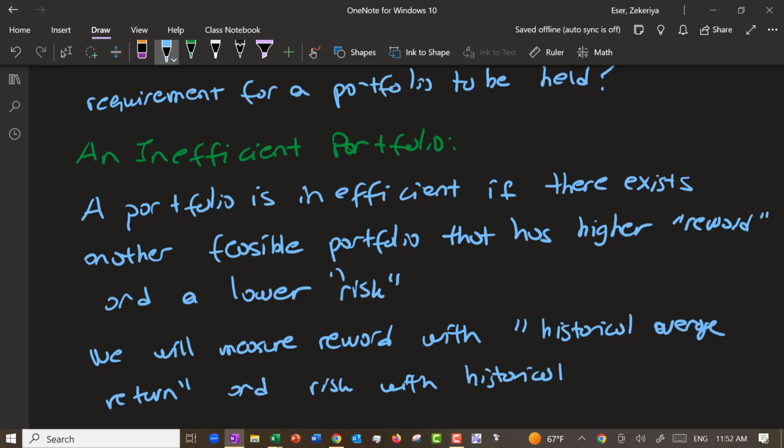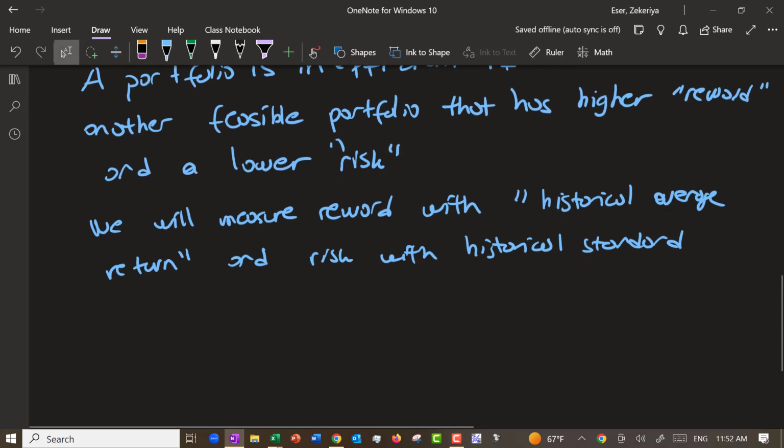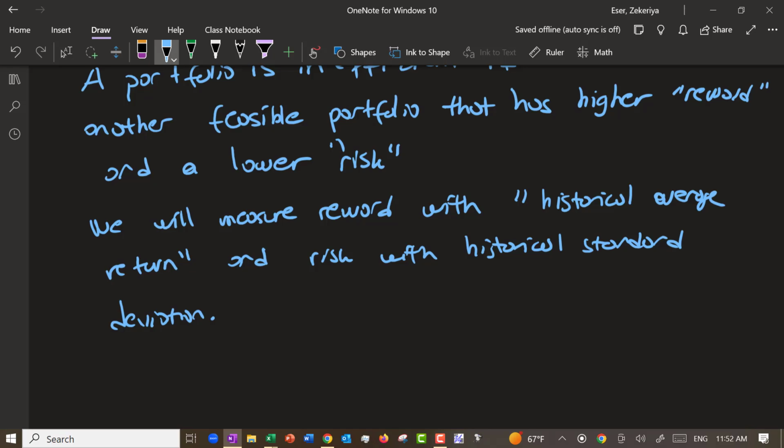I'm going to do everything we're going to do using those, but when I give you guys a group homework about this, you're going to use different measures, but the lessons are going to be the same. All right, let's go to our sheet.